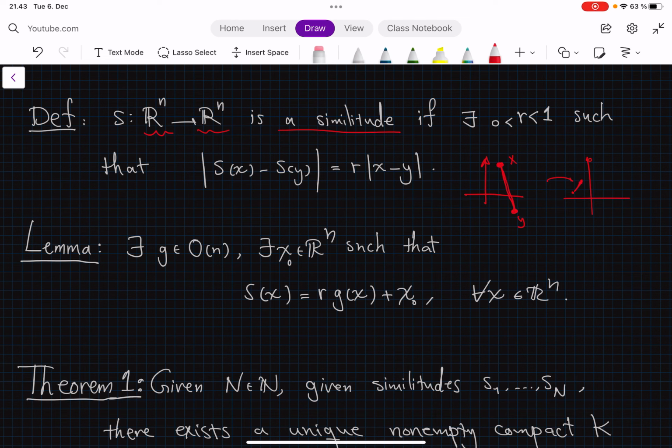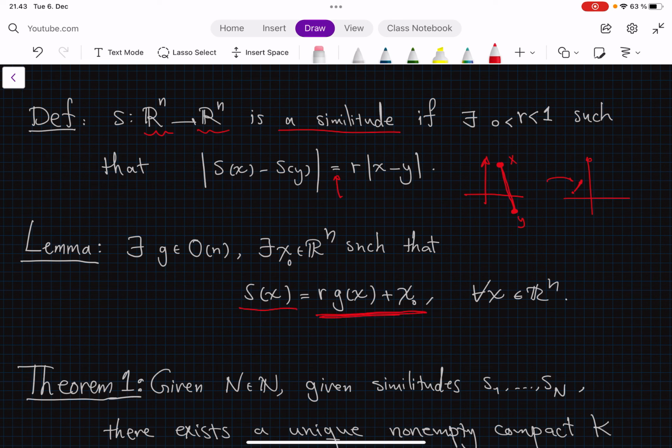This is true for every pair. We don't even begin by assuming that S is linear or anything, but it turns out that this distance condition is very strong. It forces S to have a particular form.